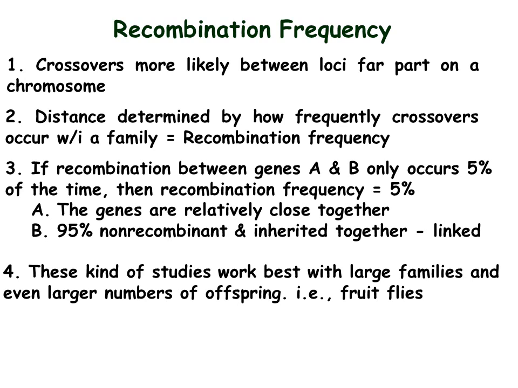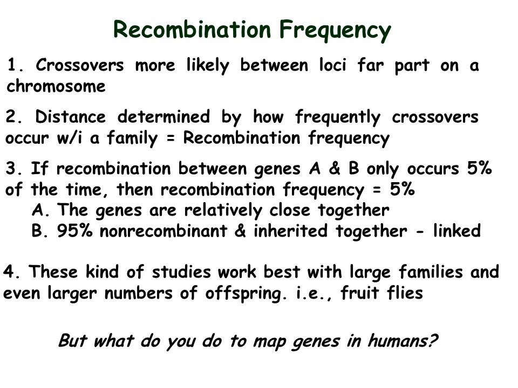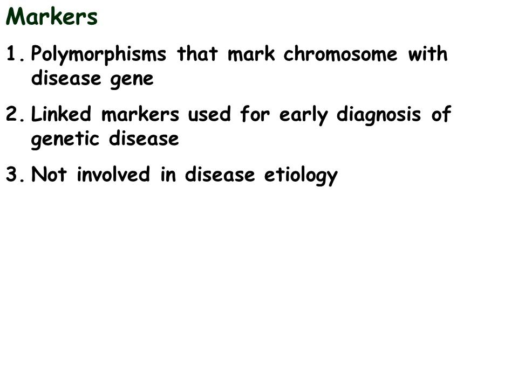Now these kinds of studies are great if you have a really large family or you're working with organisms such as fruit flies or mice, where you can have large numbers and be able to determine this sort of thing. But what are we going to do if we want to map genes in humans? Well, what we have to do is look for markers. Markers are simply polymorphisms, alleles that mark the chromosome with disease genes. These linked markers can be used for early diagnosis of genetic disease.